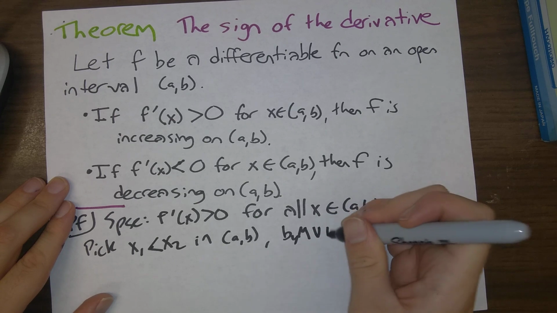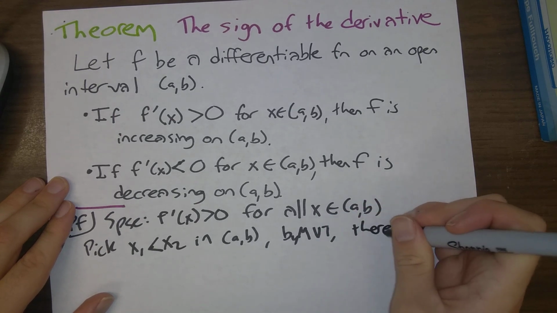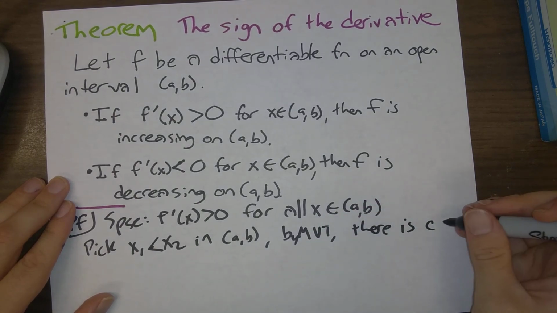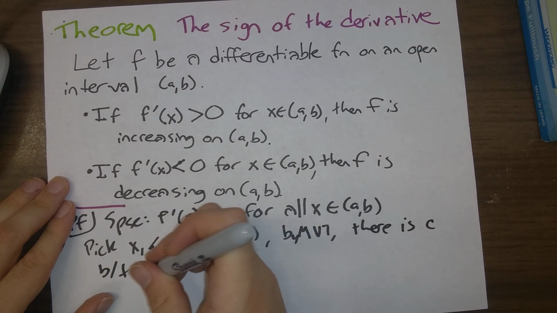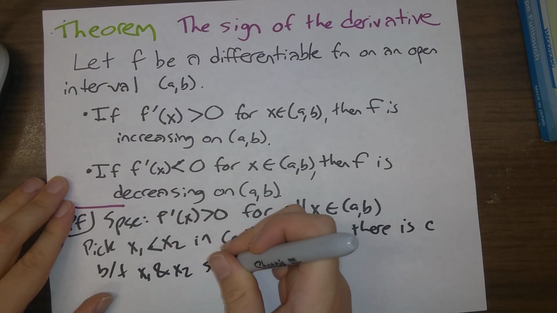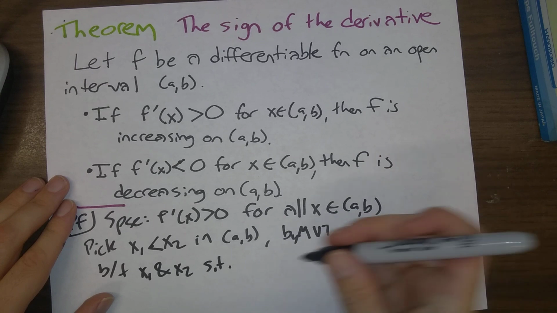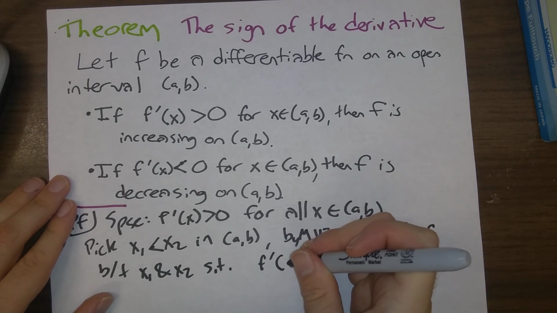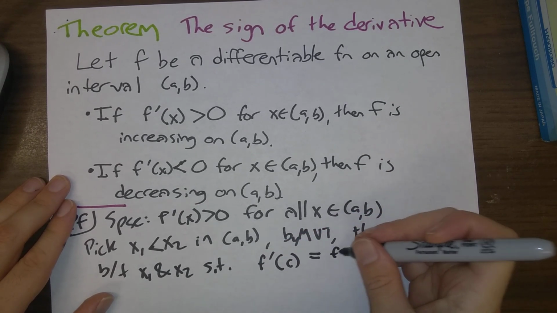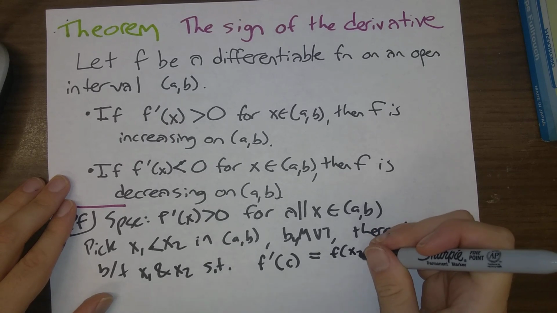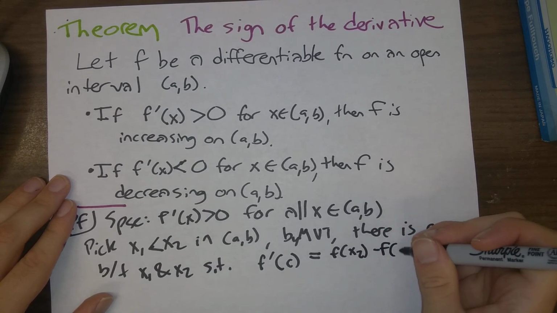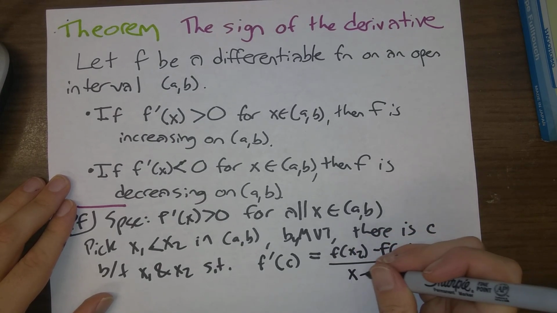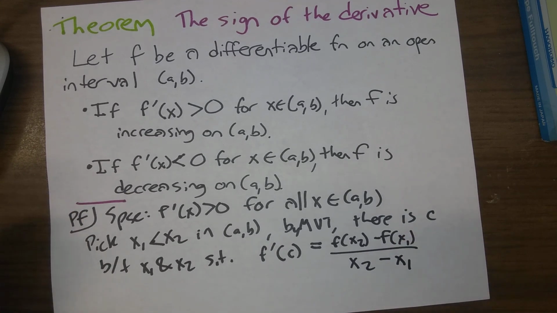By the mean value theorem, there is c between x1 and x2 such that f prime of c is equal to f of x2 minus f of x1 all over x2 minus x1.